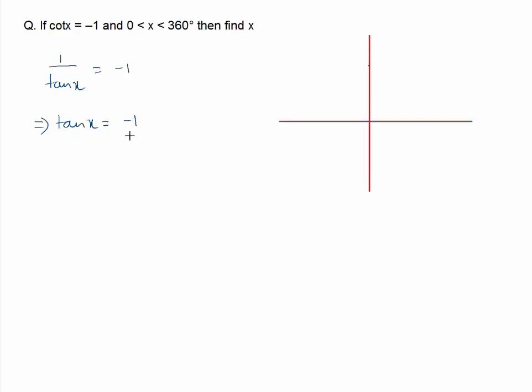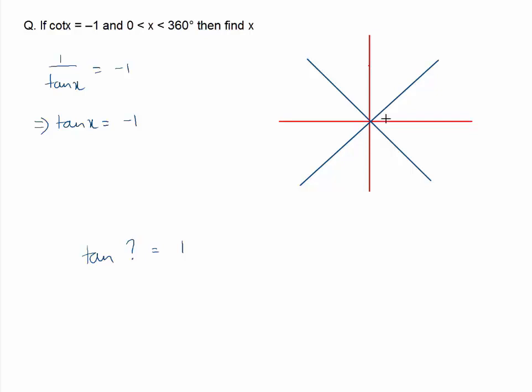For the moment, let's just forget about the negative sign and think of tan of what angle will give you 1. The answer is obviously 45 degrees. So let's draw the 4 lines representing the 45 degrees.